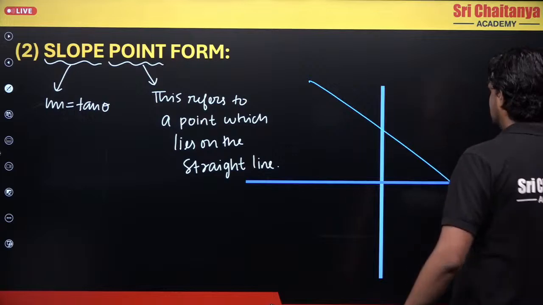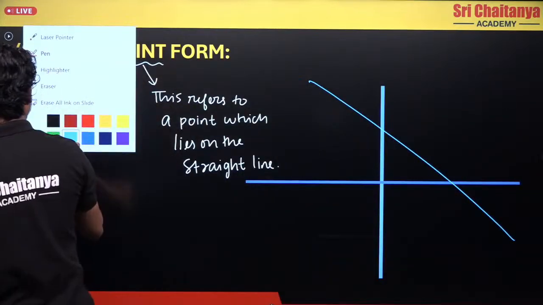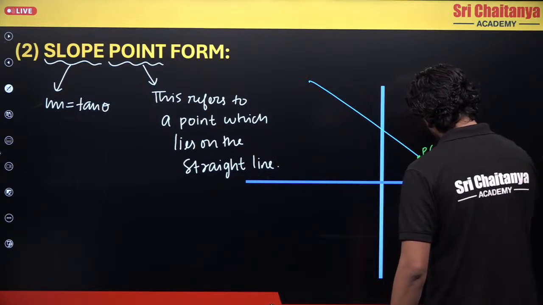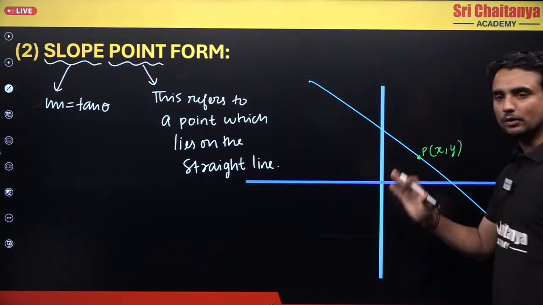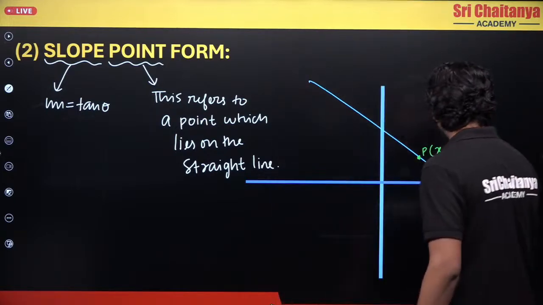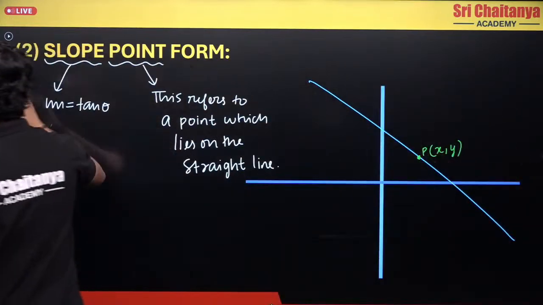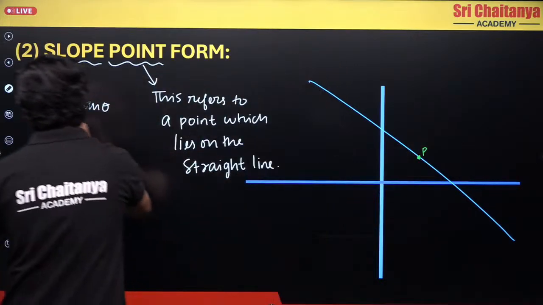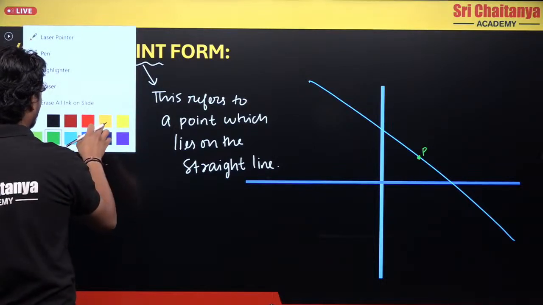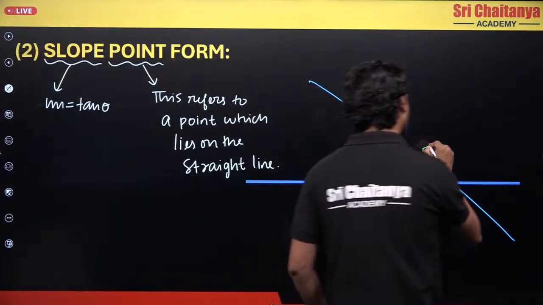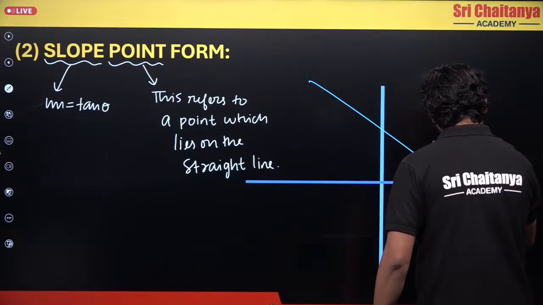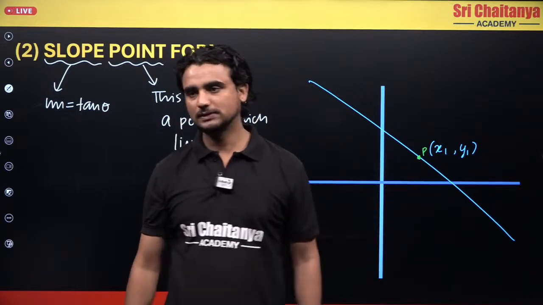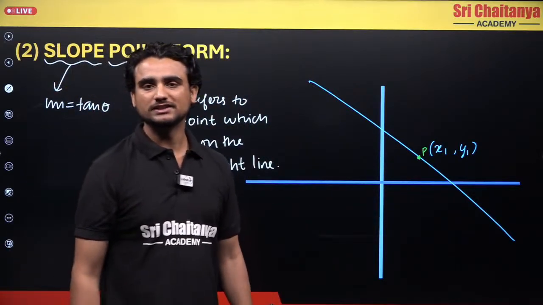This is my straight line, and a point P, x comma y is lying on this straight line, correct? Let's name this point P as x1 comma y1, a specific point P. You can say this is 3 comma 4. Simple. 3 comma 4 lies on the straight line.